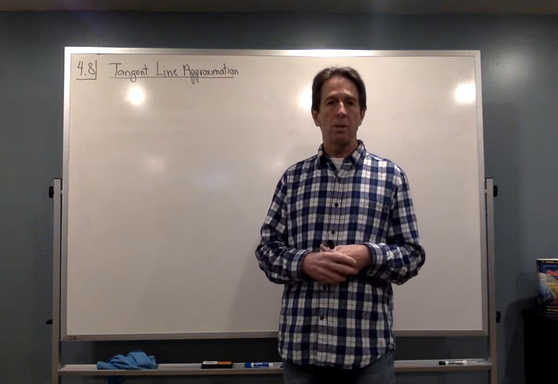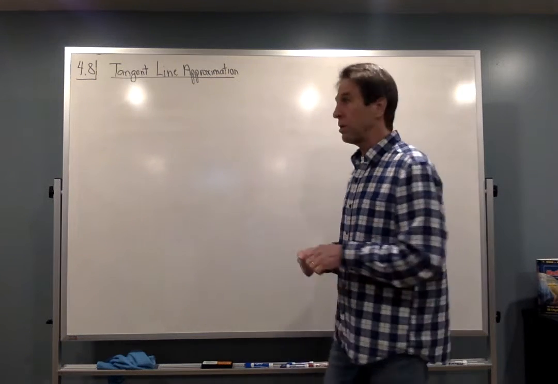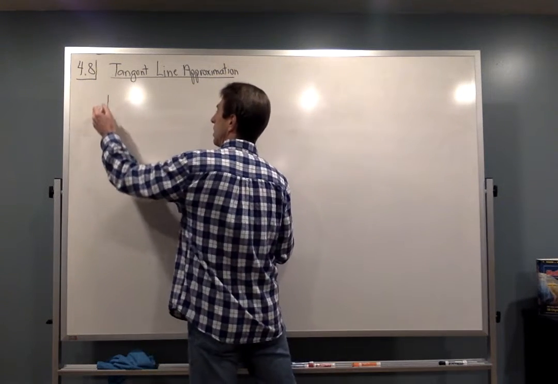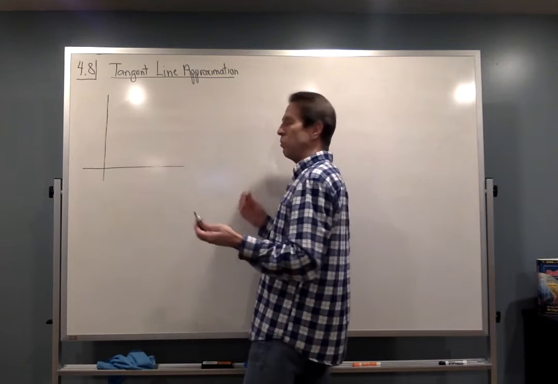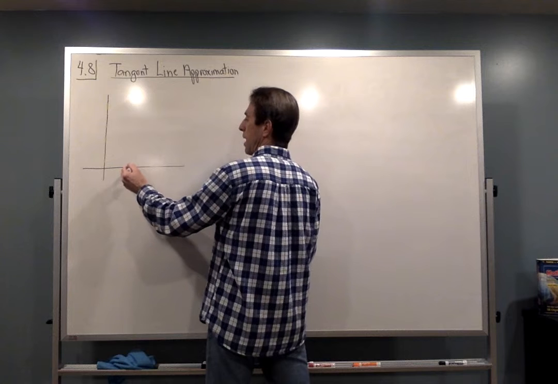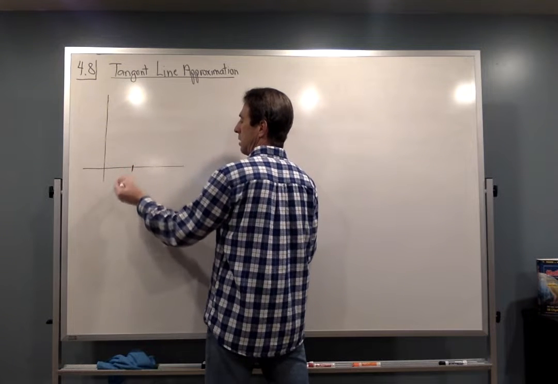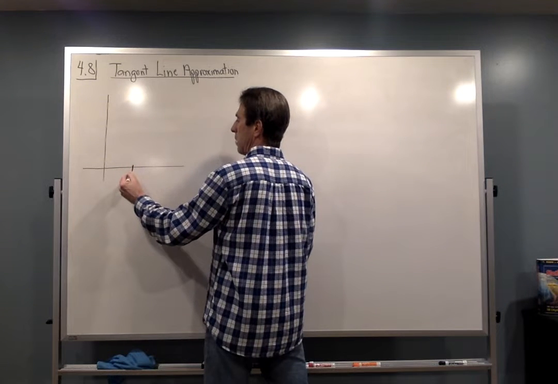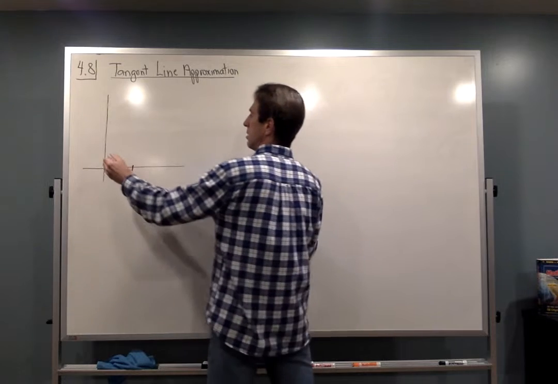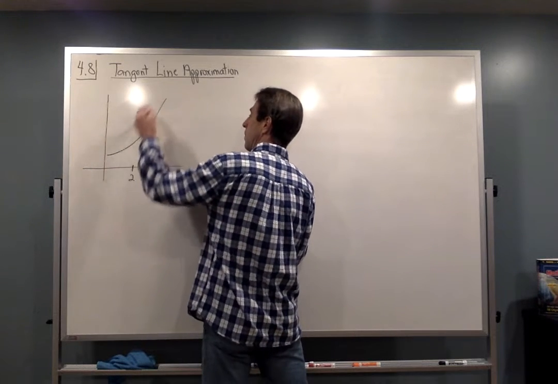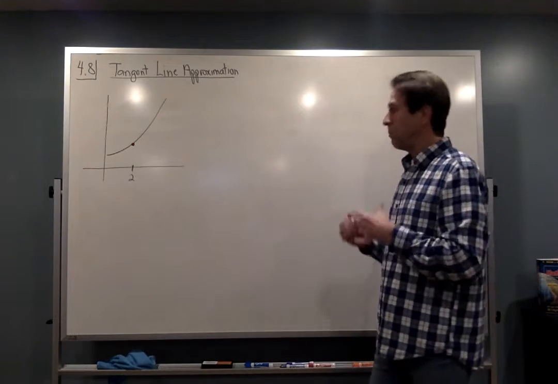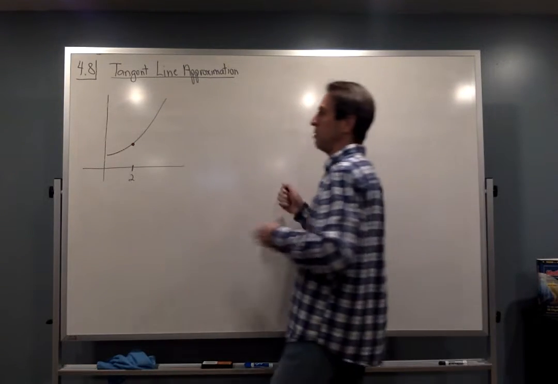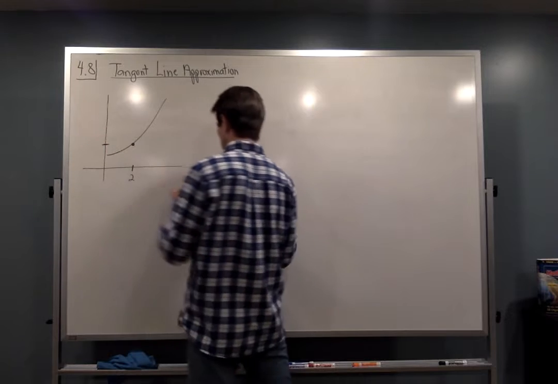Visually, this is what the tangent line approximation is doing for us. If I'm given some function that we really can't evaluate, it's tough to evaluate, and maybe I know it at some value, I might just say 2. So here we have some function. I know its value at 2, but when I move away from 2, I don't know the value. It's a complicated expression.